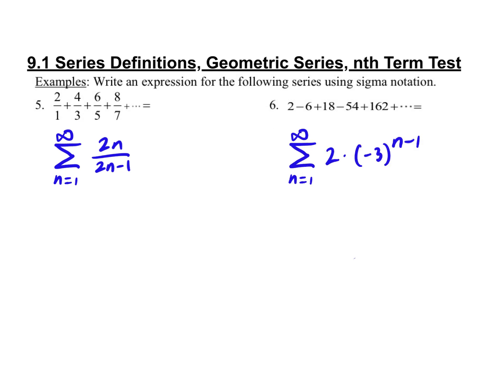There's your formula. 2 times negative 3, we're just 1 less than whatever our n is. Since I multiplied this one by negative 3 once, and this was the second term, this is n equals 2. So there's my 2 minus 1, which is 1, okay?